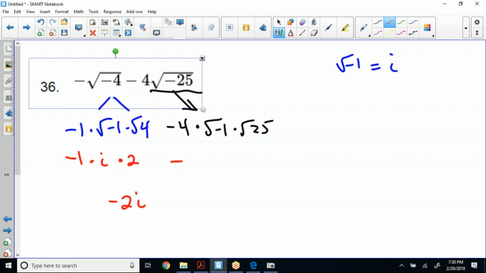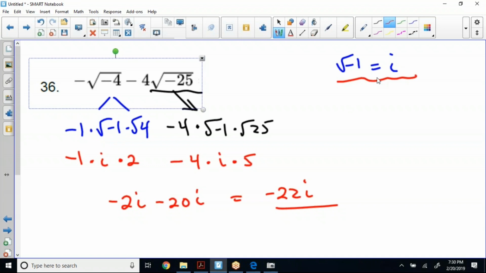Now, if I come over here, that's -4 times i times 5, and that gives me -20i, which gives me -22i. Do you see how I broke this out? This was the key information I had to understand right there. I didn't have any other choice but to understand that.